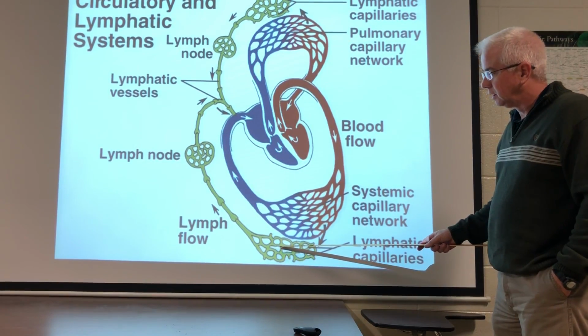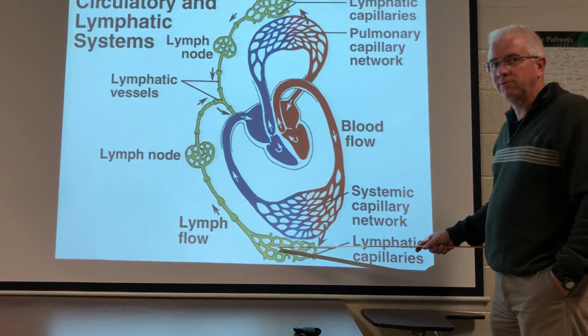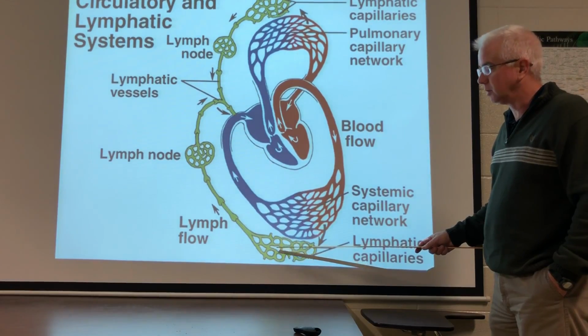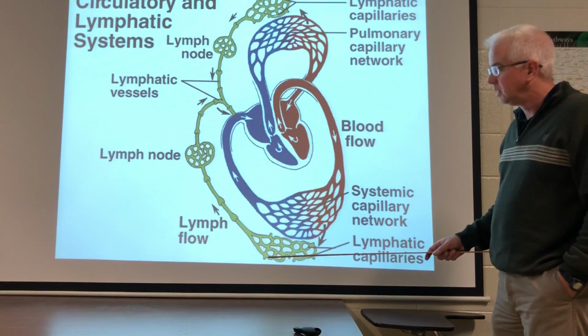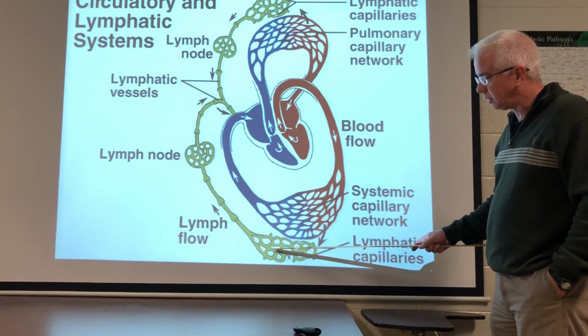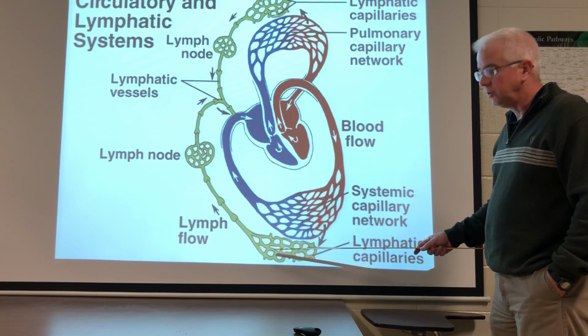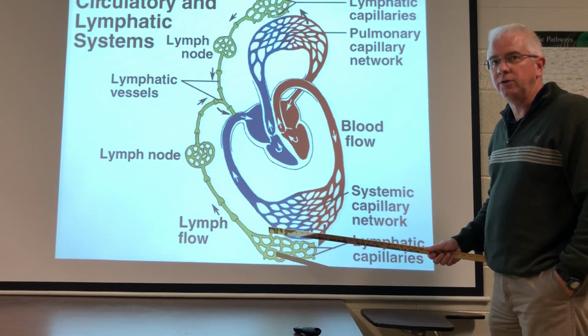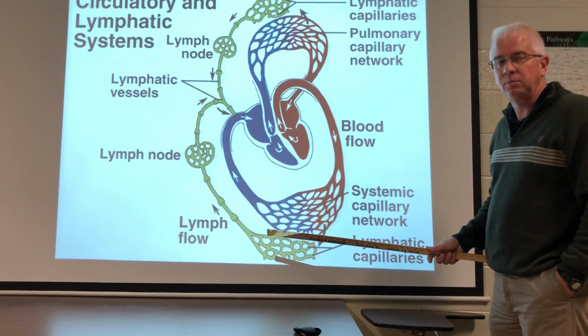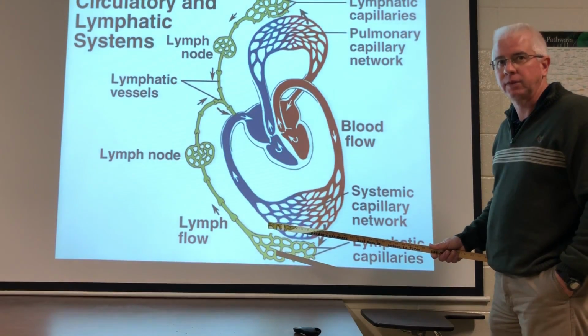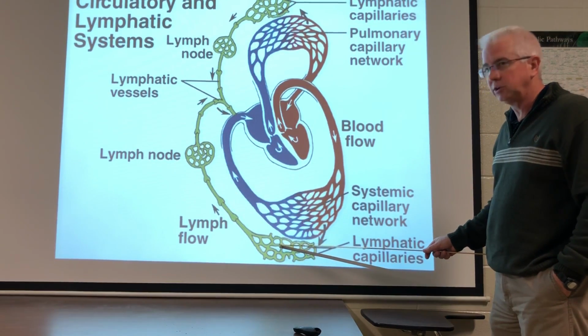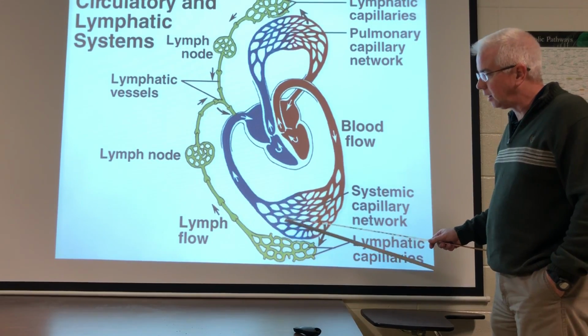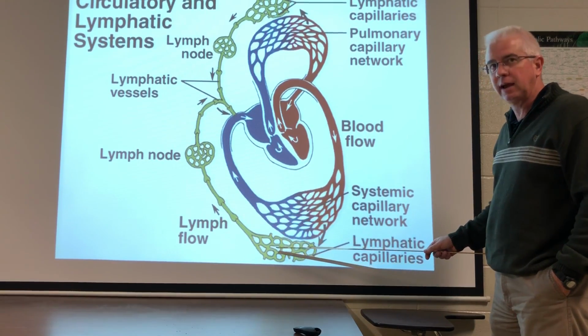That is, there is a free flow of fluid into these capillary networks without resistance, because the cells of the capillary bed itself do not union, they do not join. They simply overlie one another. So any increase in pressure at all will allow excess fluid to flow into these capillaries.